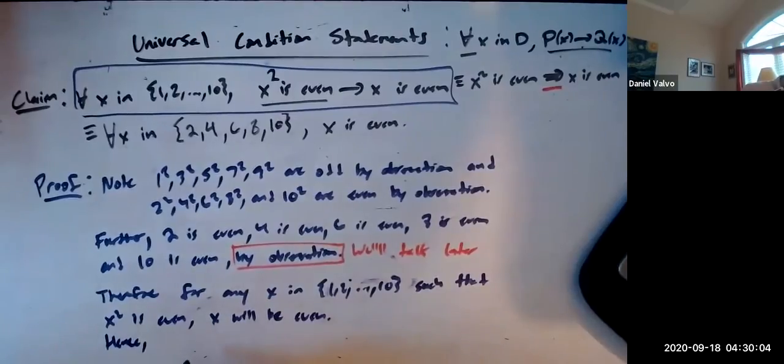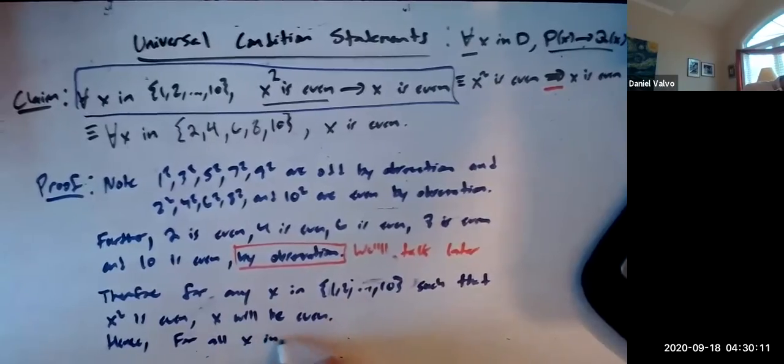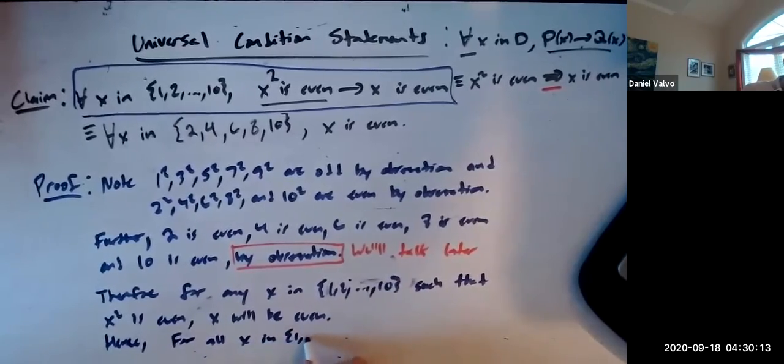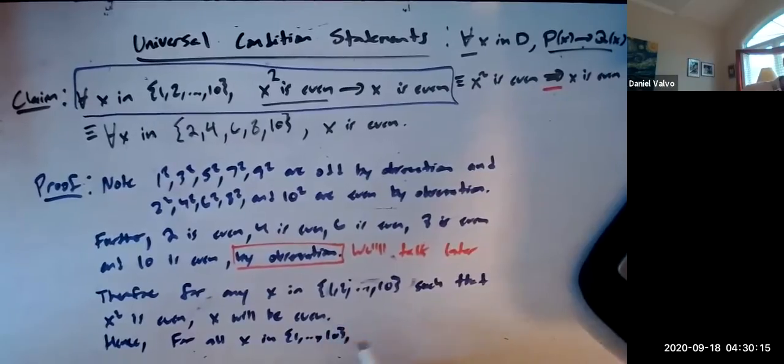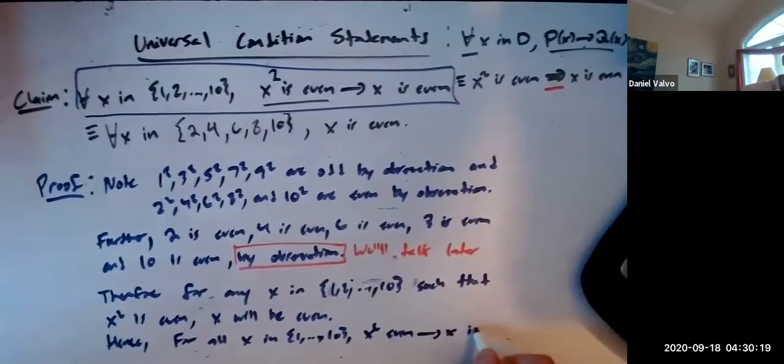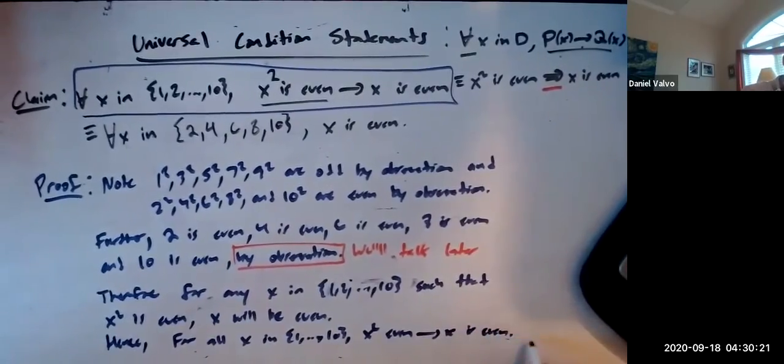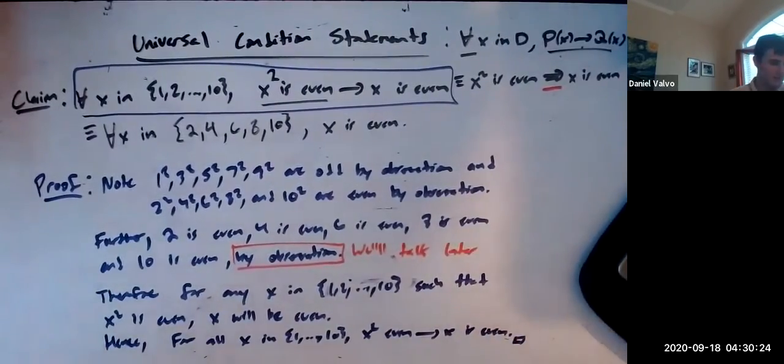Hence, for all x in 1 to 10, x squared even implies x is even. Done.